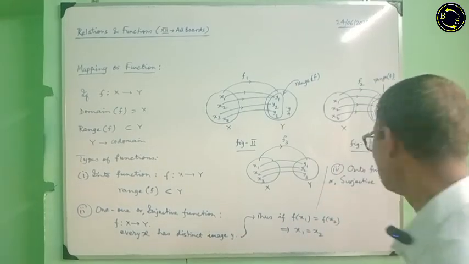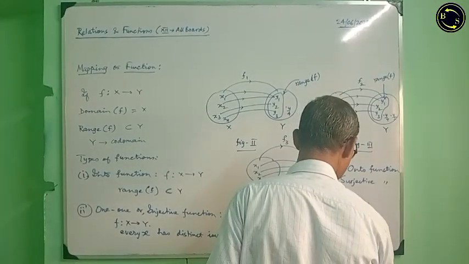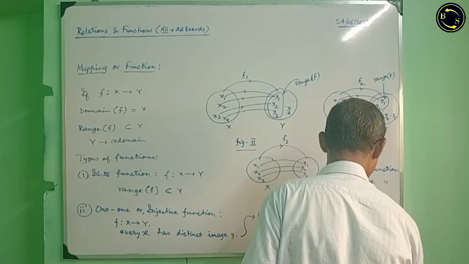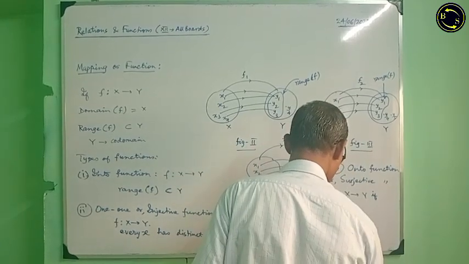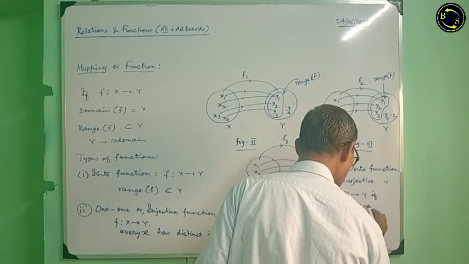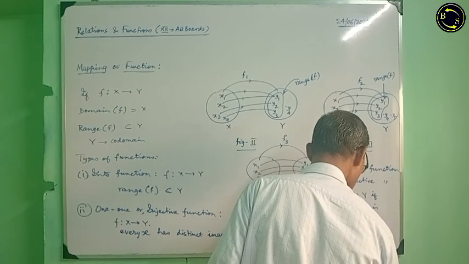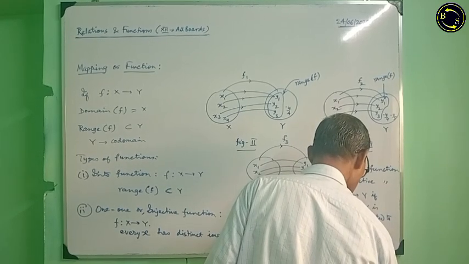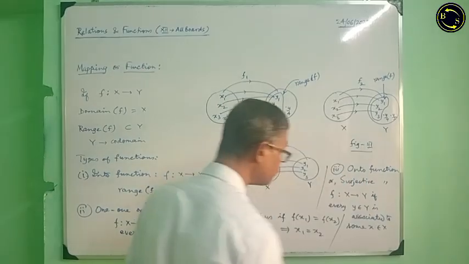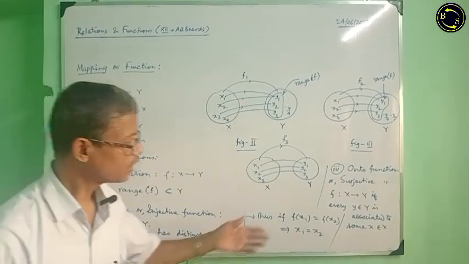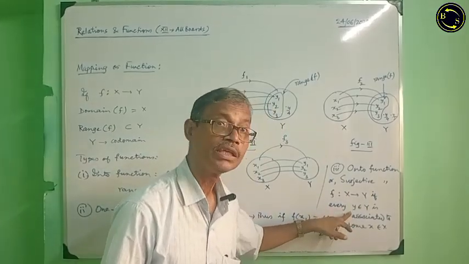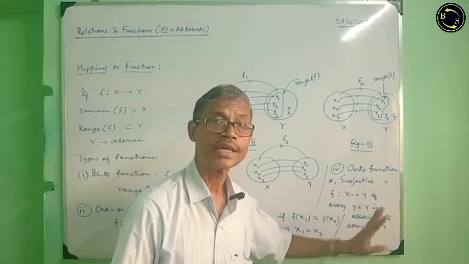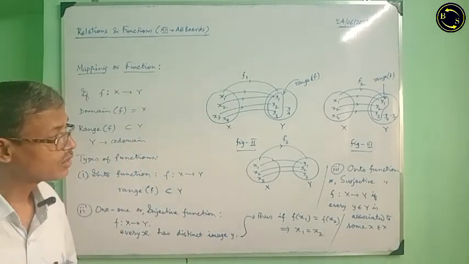The definition is: the function f from set X to set Y, if every y of set Y, that is the codomain, is associated to some x in X, then this function is called surjective.